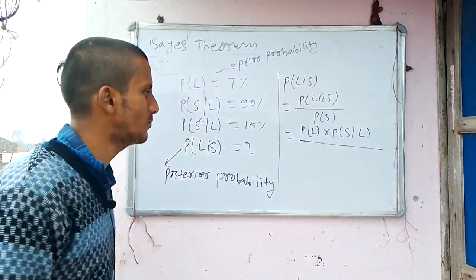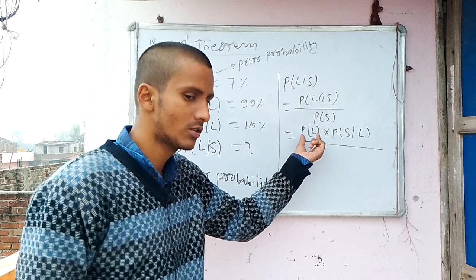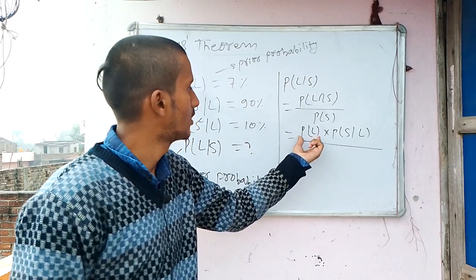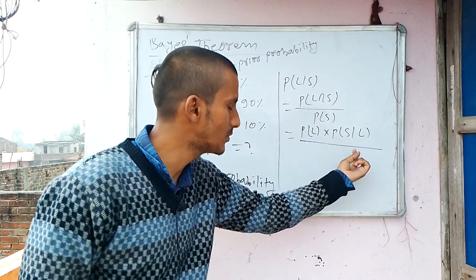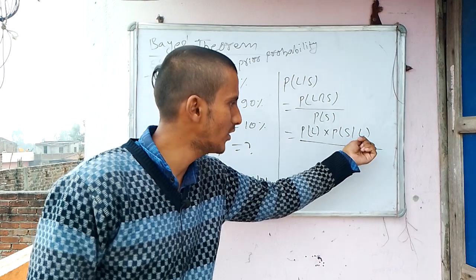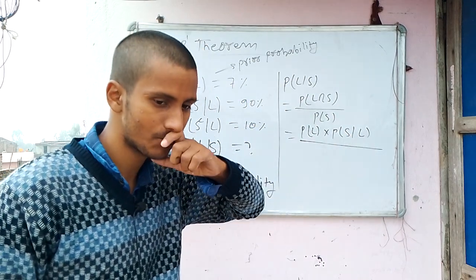First of all, what does it mean? It means your initial, or prior, probability of having lung disease times the probability of being a smoker given that the person has lung disease.